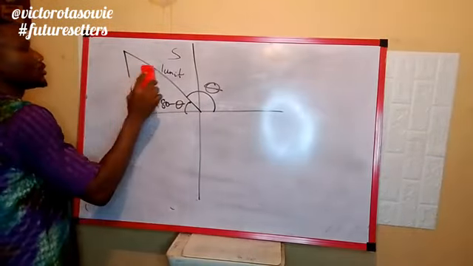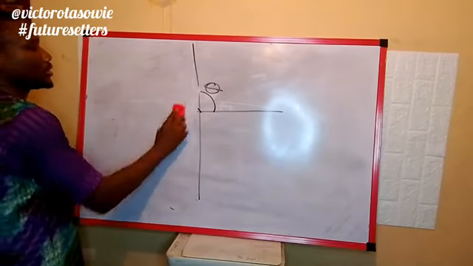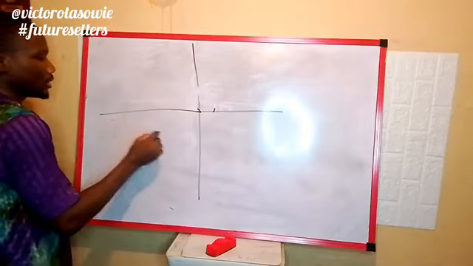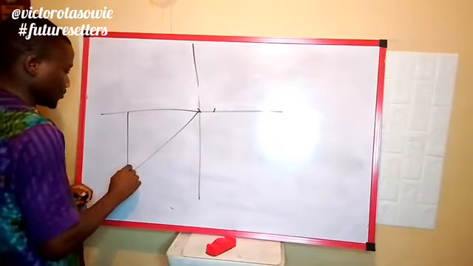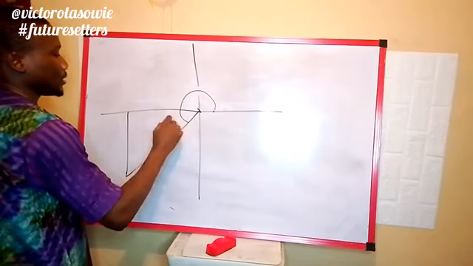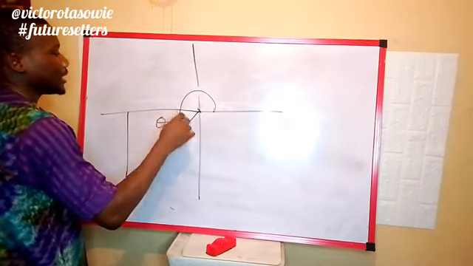Then for the third quadrant, let's check this for the third quadrant now. So let's say this is our third quadrant. To get here, theta minus 180, because definitely theta is bigger than 180.